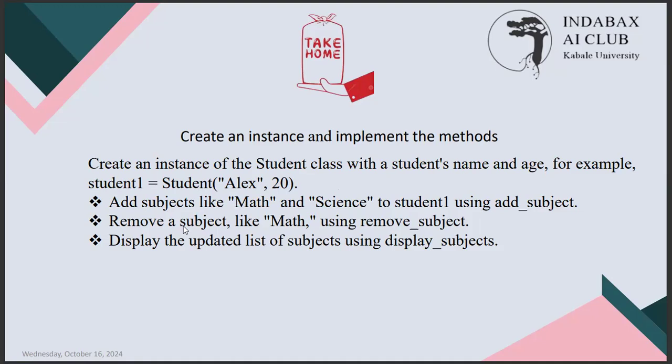Remove a subject like math using the remove subject. These are methods. You'll be using these methods defined in the class to do these operations. Then display the updated list of subjects using display subjects. All these are methods defined inside the class. I hope this will be simple for you.